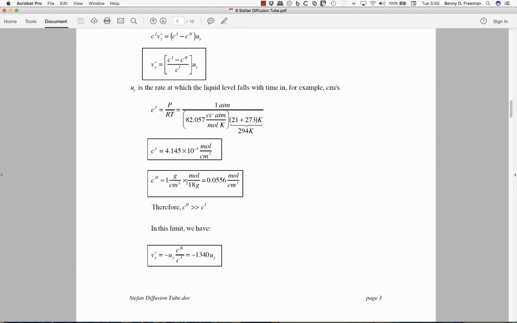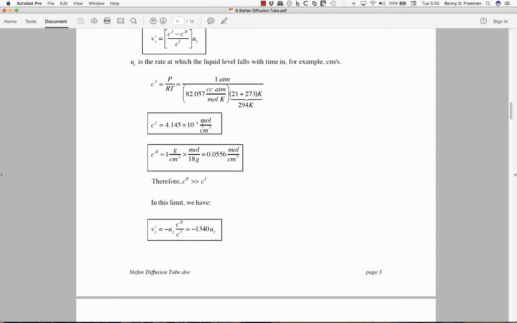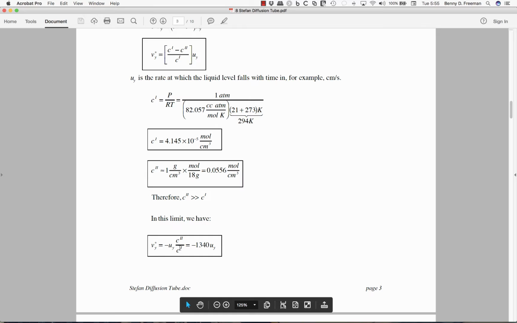That's about 1 gram per cc, and then this is the molecular weight of water. And so what you can see immediately is in this bracketed term, the gas phase concentration C1 is orders of magnitude less than the liquid phase concentration C2, and so we can use that fact to simplify this term in brackets as shown here, and then we can plug the numbers in and get the result that's shown at the bottom of the page.